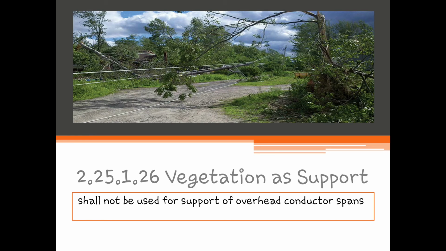So next is vegetation as support. Vegetation such as trees shall not be used for support of overhead conductor span. So, guys, nakabantay mo ana, sa ako experience sa kabantay ko sa mga provinces na mga uban ibutang dikit nila sa mga trees, but actually bawal jud na.